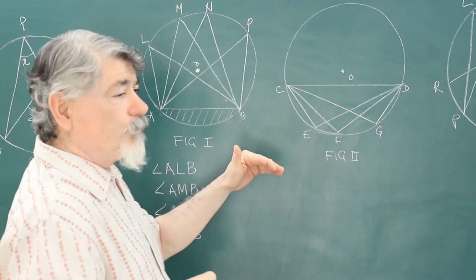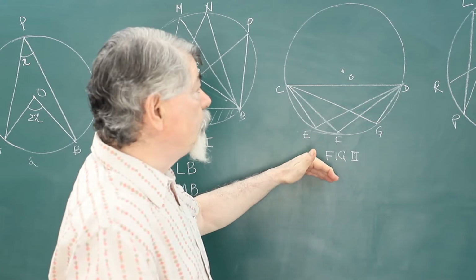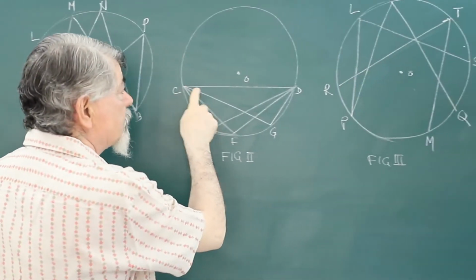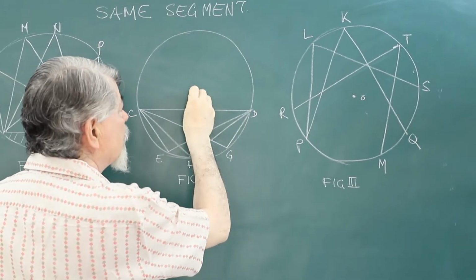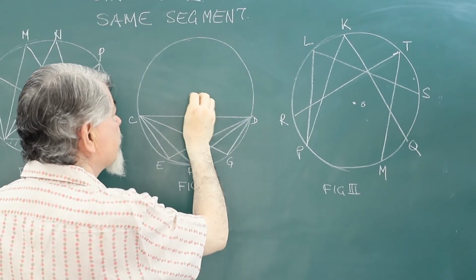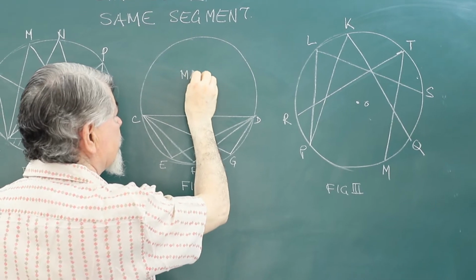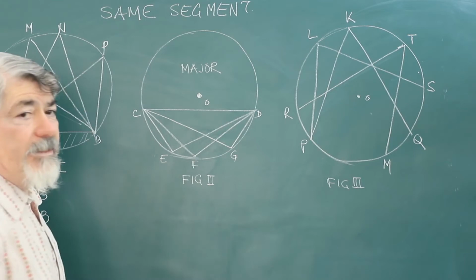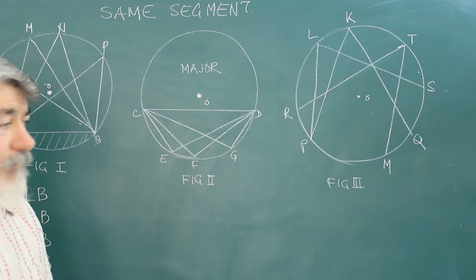Now let us look into figure number 2, where I have taken the minor segment. I have drawn this chord CD below the center. So obviously this is the major segment, and whatever work has been done is in the minor segment.